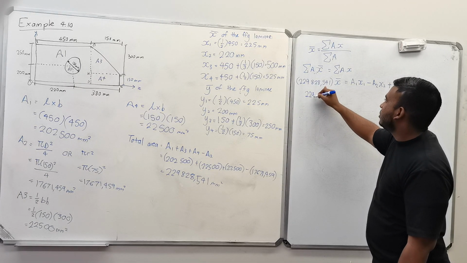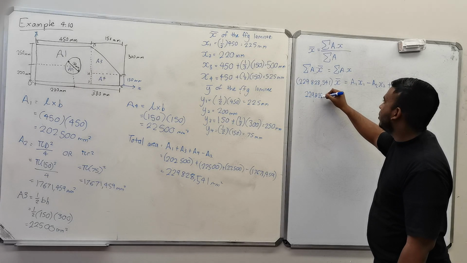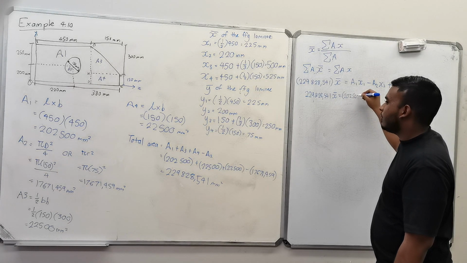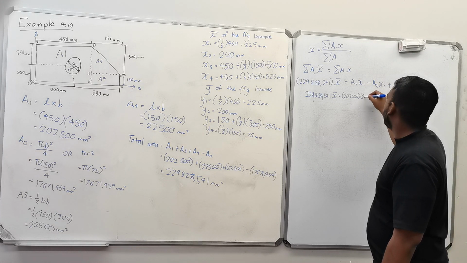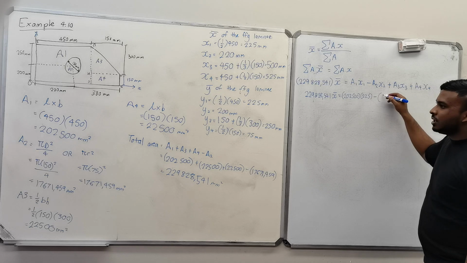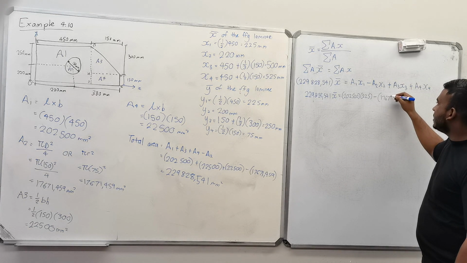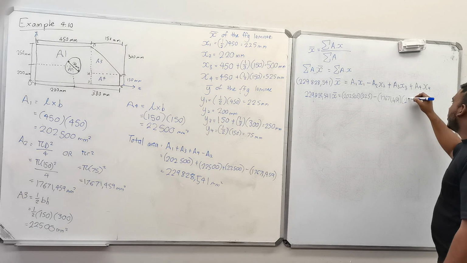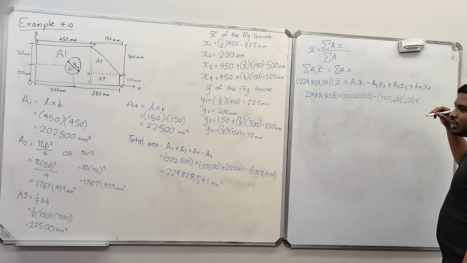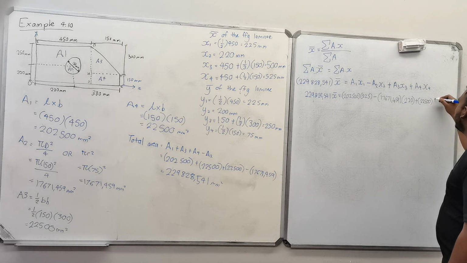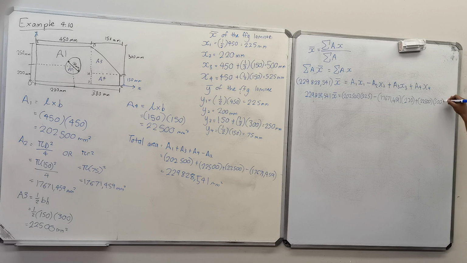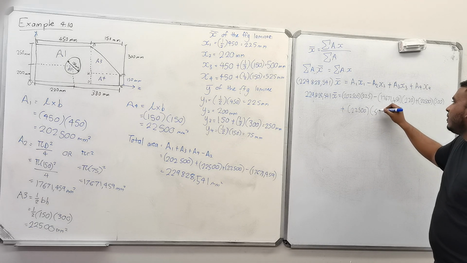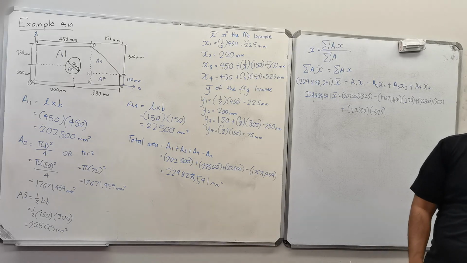So this will be 229,828.541 x bar is equal to a1, which is 202,500, times x1, which is 225, minus a2, which is 17,671.459, times x2, which is 220, plus a3, which is 22,500, times x3, which is 500, and last you have a4, which is 22,500, and x4 is 525. So what does this whole thing equal?